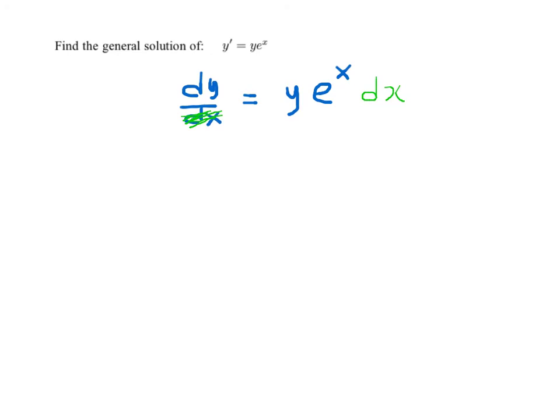And then the next aim is to group the dy with y, because that's always our aim, to group the x expression with dx and the y with dy. So of course the best way would be multiplying both sides by 1 over y. When we do that, this would be cancelled out, and you will have 1 over y here.